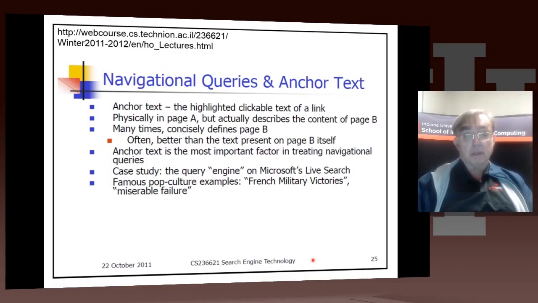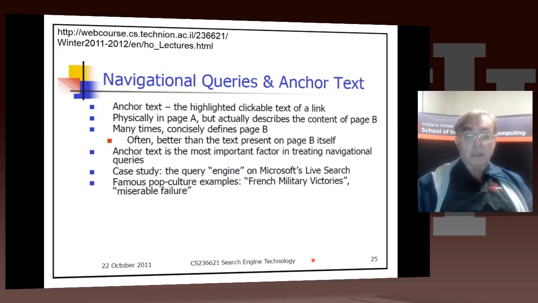And so anchor text is often very useful in defining page B and might actually give an overview of what's in page B more precisely than page B itself. So that's these so-called navigational queries. They use the anchor text to try to get back good answers.